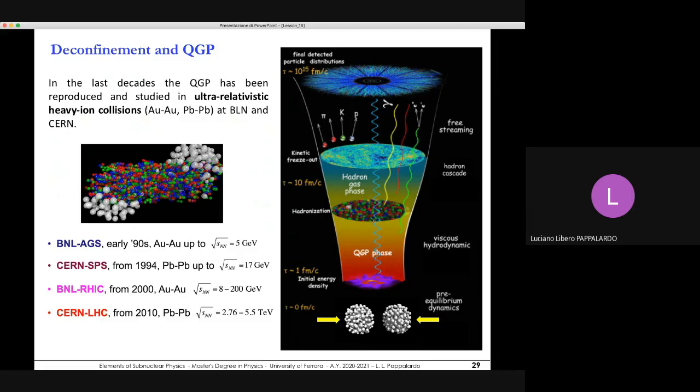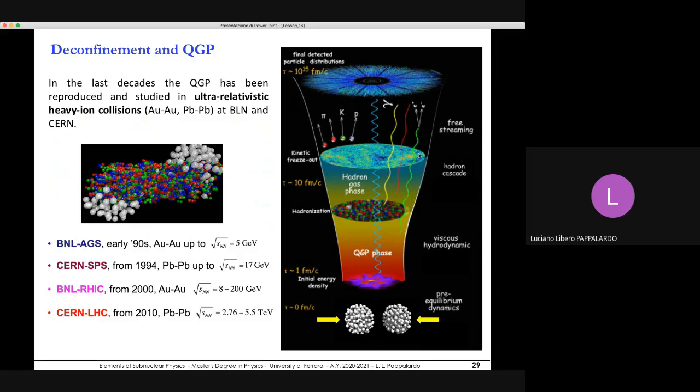At a certain point, hadronization occurs. The free quarks and gluons, which are the main characteristics of the QGP phase, start to hadronize. This hadronization occurs already inside the plasma, which still continues to cool down and expand.